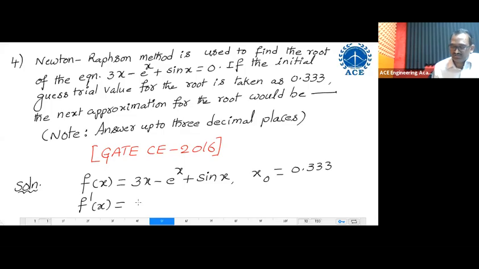F dash of x is 3x derivative 3, e power x derivative e power x, sin x derivative cos x. So find the first approximation value. You are given the initial approximation. You are asked to find the next approximation, that means the first approximation, x1.